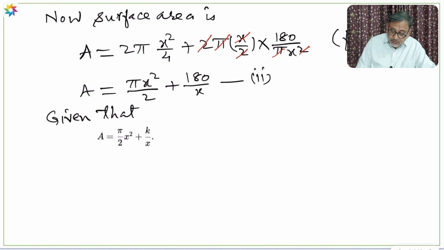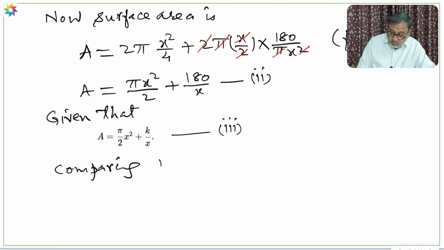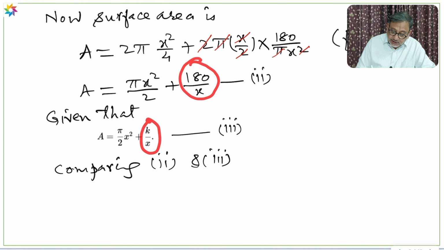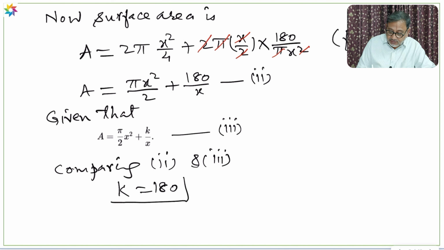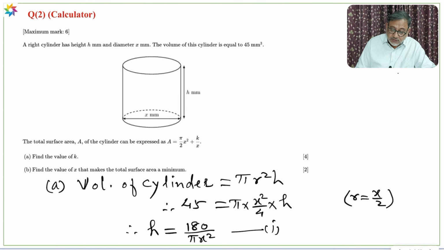So comparing the second and third equations, two and 3. Look here, this part will be the same as this part, right? Because pi by 2 x square is the same here and here. So 180 by x will be equal to k by x. So k will be 180. So k is equal to 180. So we got the value of k, right? This was the first part.